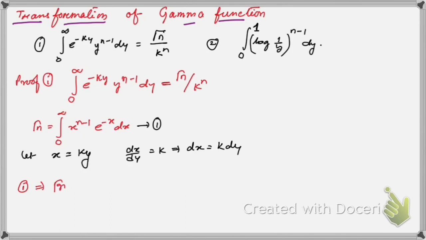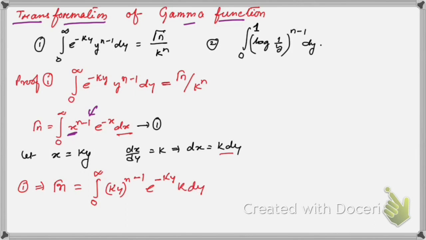So from equation number 1 we can write that gamma n is equal to the integral from 0 to infinity, x is replaced by ky, so ky whole to the power n minus 1, as there is n minus 1. Then e to the power minus x, instead of x we're going to write ky, then dx will be replaced by k dy.